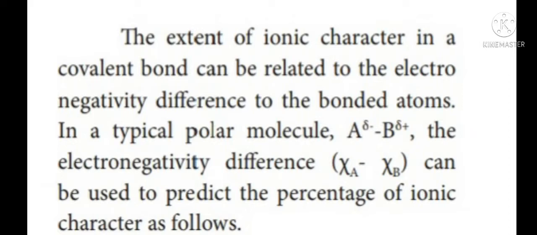Here Xa is the electronegativity of atom A and Xb is the electronegativity of atom B. Therefore, the electronegativity difference between atom A and atom B is given by Xa minus Xb. It is used to predict the percentage of ionic character.